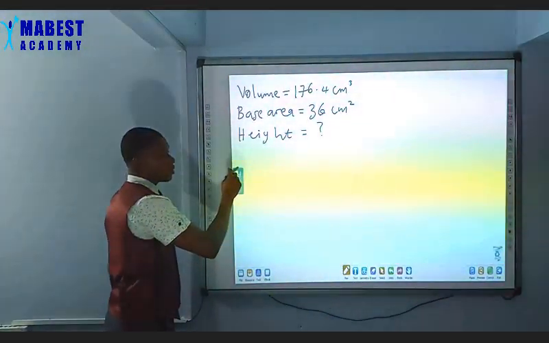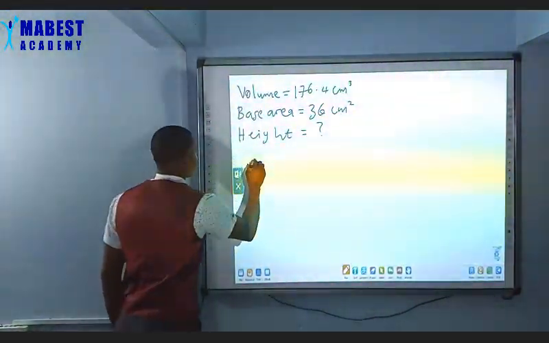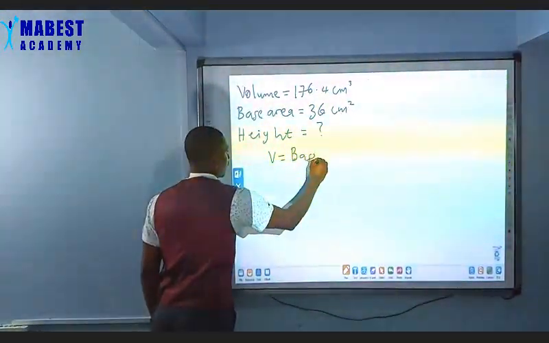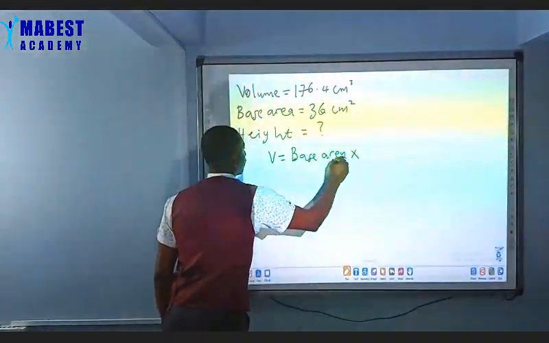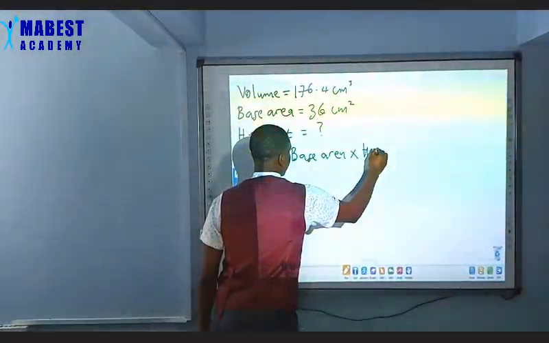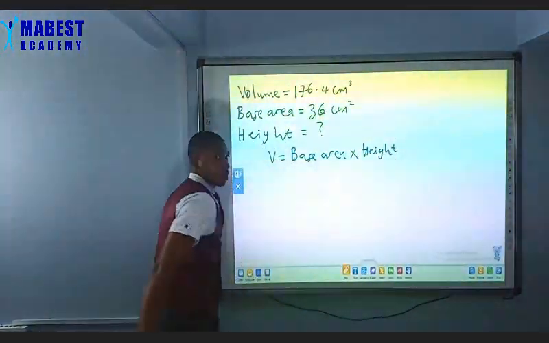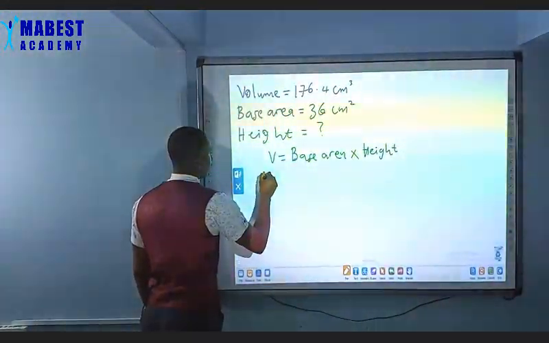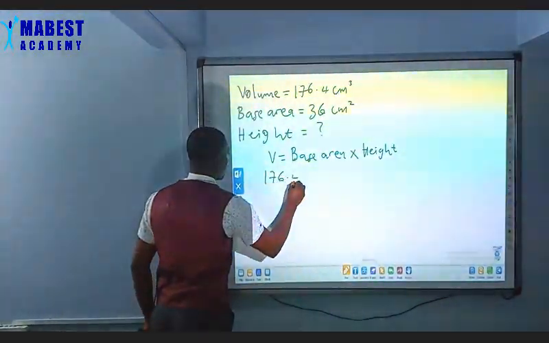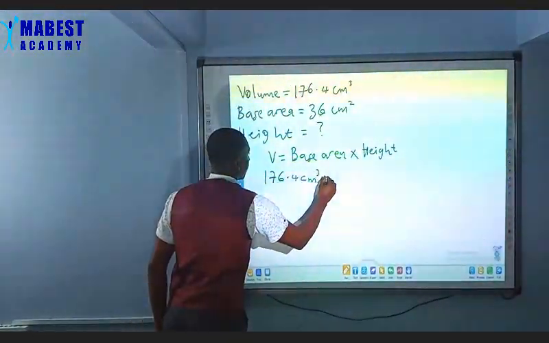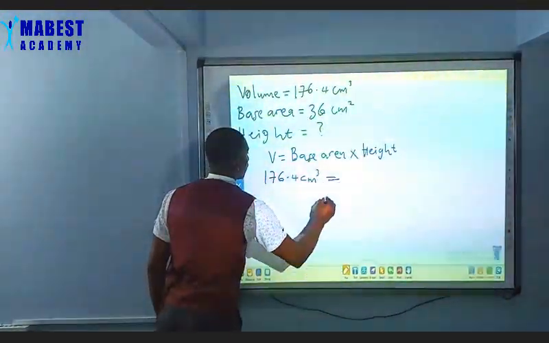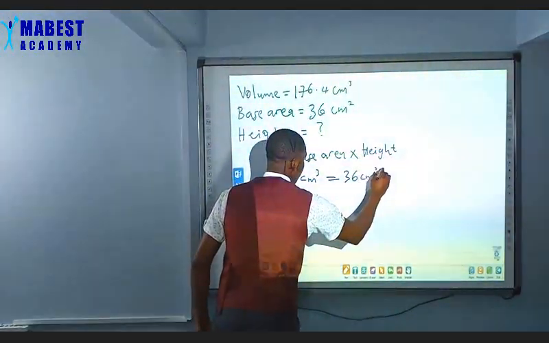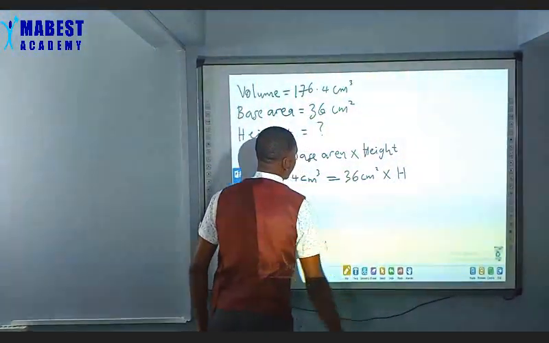It means the volume is equal to the base area multiplied by our height. So since our volume is given as 176.4 centimeter cube, it equals our base area, 36 centimeter square, times the height.